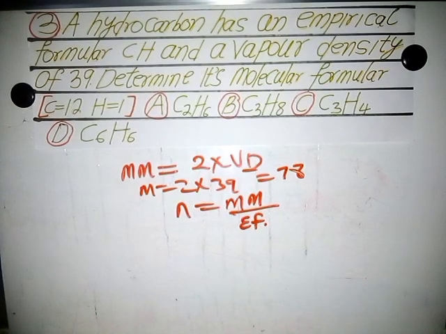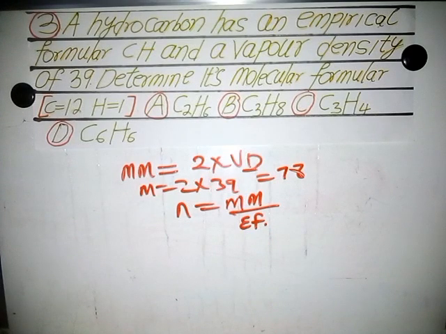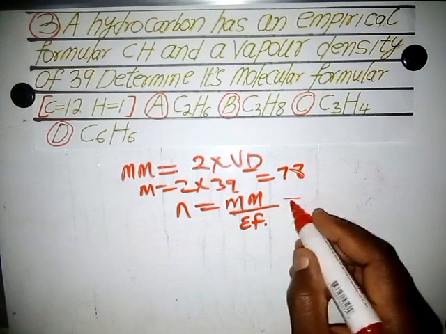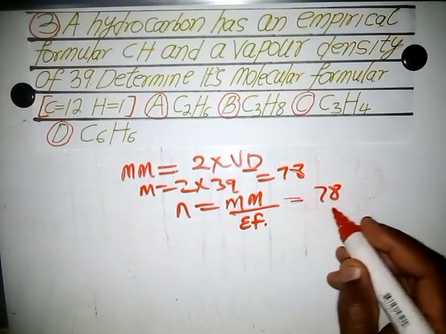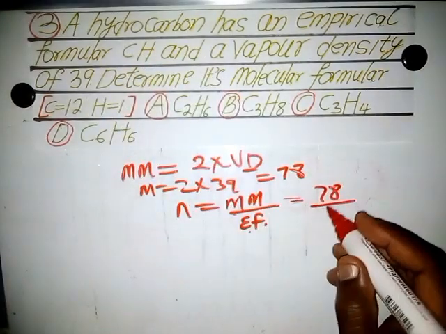So since our molecular mass from here is 78, I will divide it by the empirical formula. So this molar mass is now 78 over the empirical formula in question, CH.